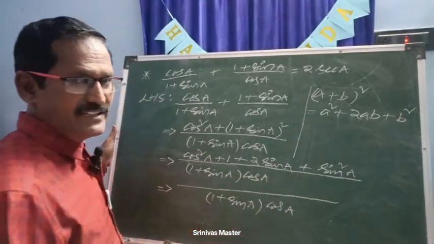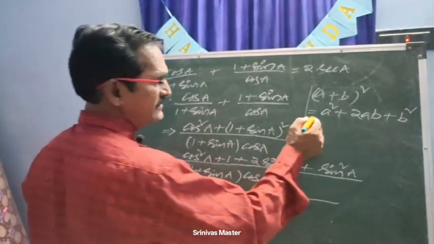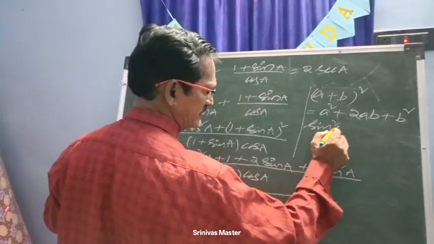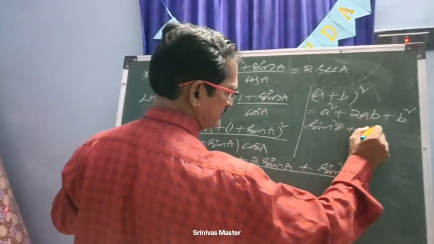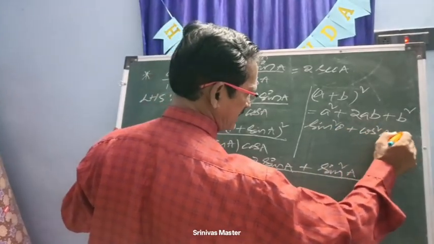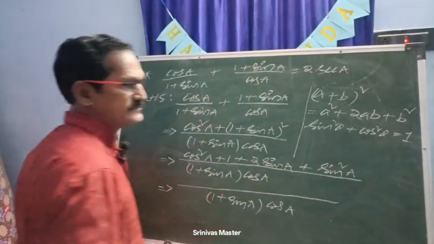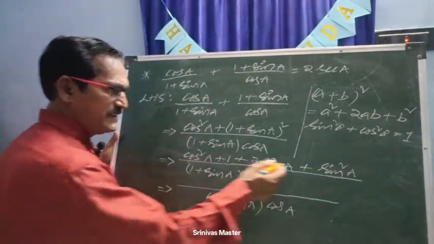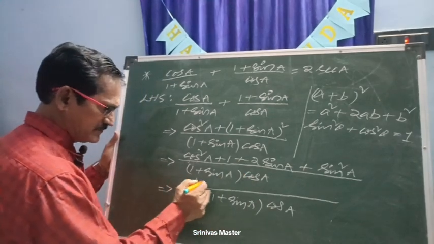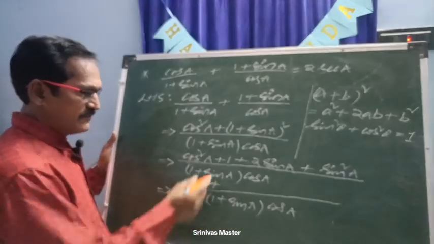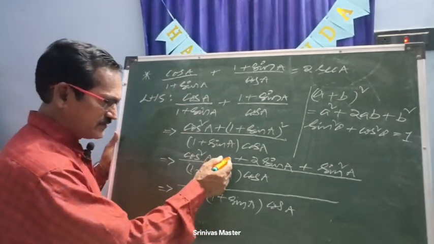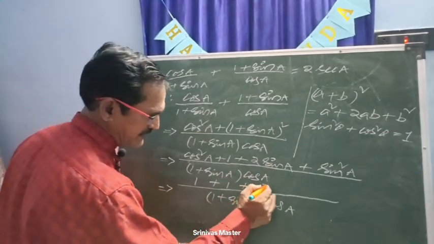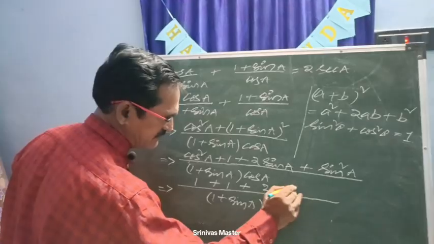Cos square A plus sin square A, or sin square A plus cos square A. That is the main formula: in terms of theta, sin square theta plus cos square theta equals 1. Here the theta place is angle A. So cos square A plus sin square A equals 1. Plus, what is left? One more 1 is there, no? This one plus what is left here? 2 sin A. This we can write as usual.